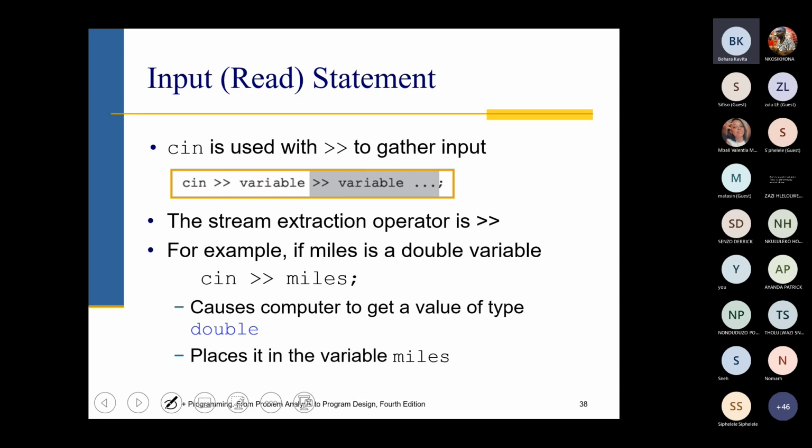Right. Then your input values, how you are going to declare your cin. It can be one variable or multiple. That means if you are inputting values, you can include one value or multiple values.